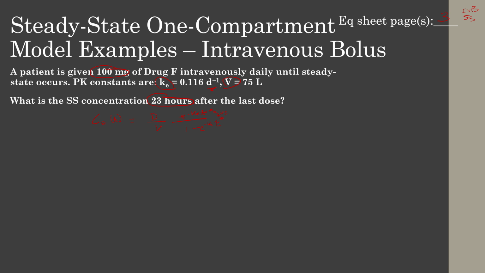Generally, I would change the units to match whatever k e is, meaning that I wouldn't change k e itself. Since it's days, that's what we're going to do. For the time of 23 hours, how do you convert that?